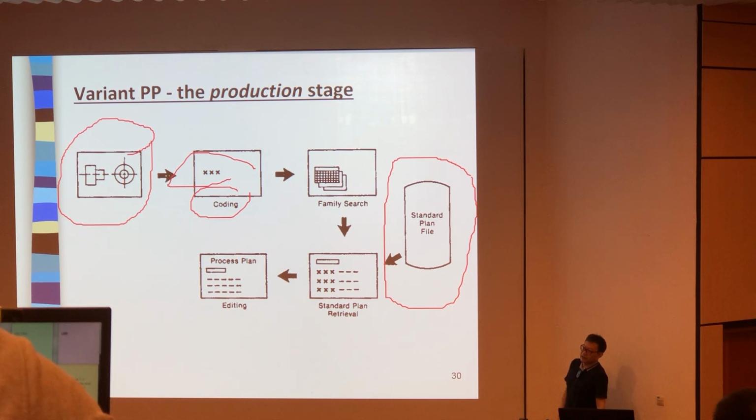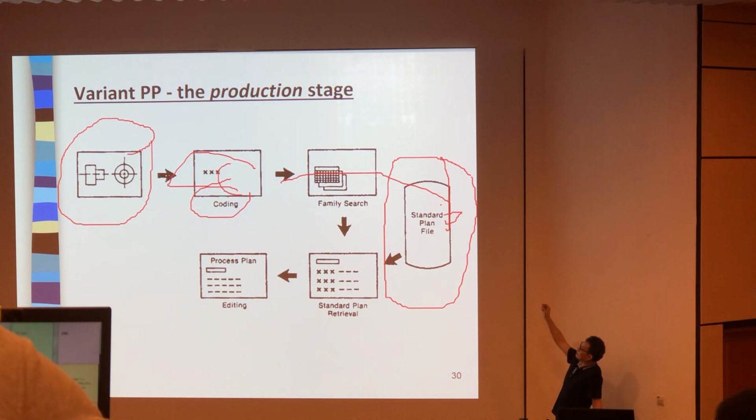And next we make use of this generated code to do a family search, family matching, and to match this with the families inside this. For example, we have 5 part families there, each with a name.